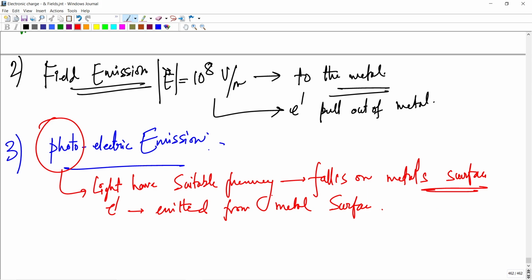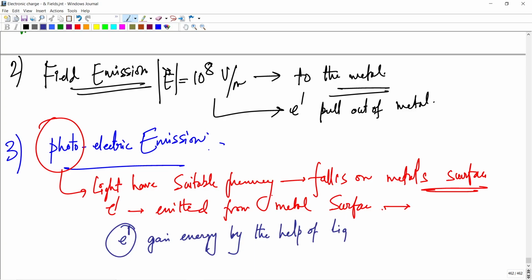The light also provides some energy here. Photo means photon, so the electrons at the metal surface gain some energy from that light and escape from the metal surface. Another important point: when the electron gains energy with the help of light and is released from the metal surface, this electron is called a photoelectron.